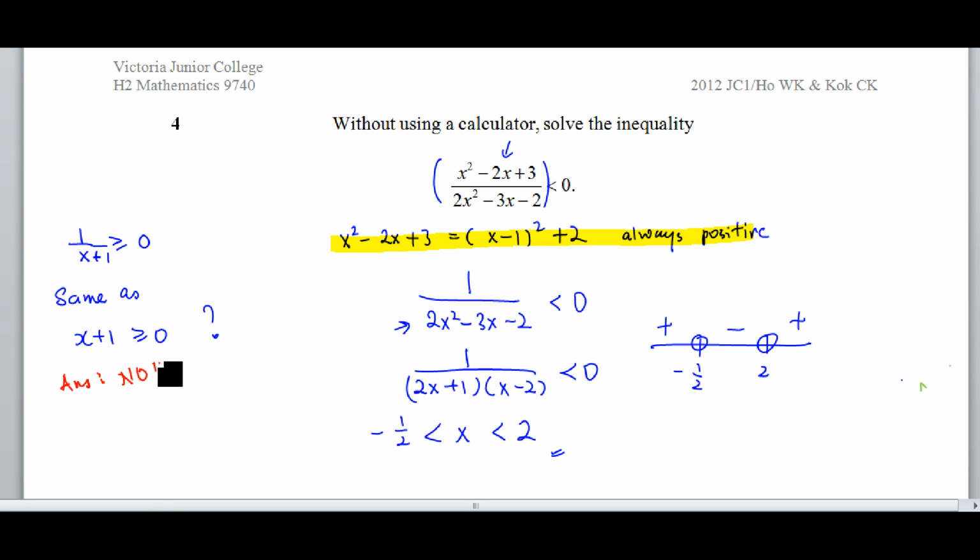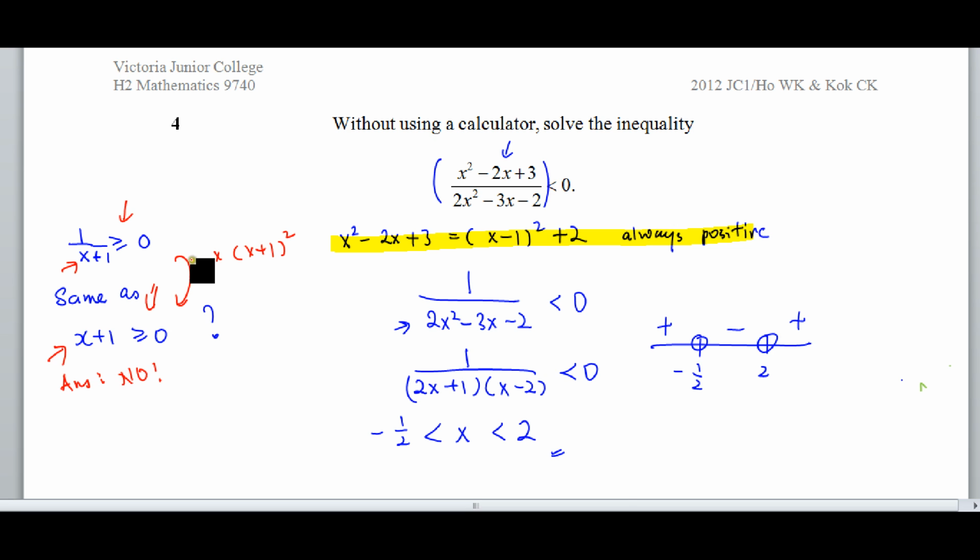When you try and multiply both sides by x plus 1 squared, you may not get the same solution, because for this case x cannot be negative 1. But for this case, x can be negative 1.